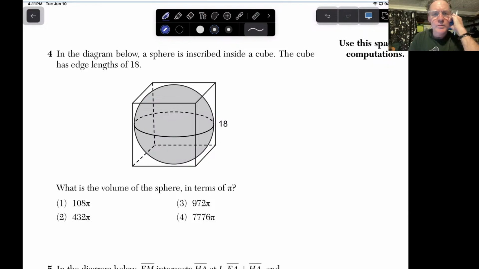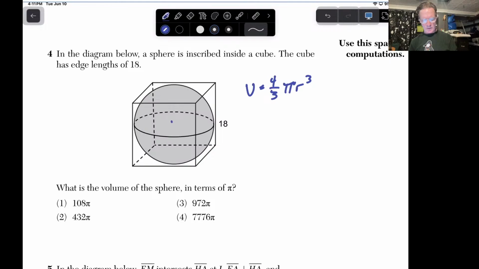Okay, so you will be given the volume of a sphere formula. You're not going to be given very many formulas at all, but they will give you that one. So what is the volume of a sphere? Volume equals 4/3 pi r cubed. And they told us that the cube has a length of 18.